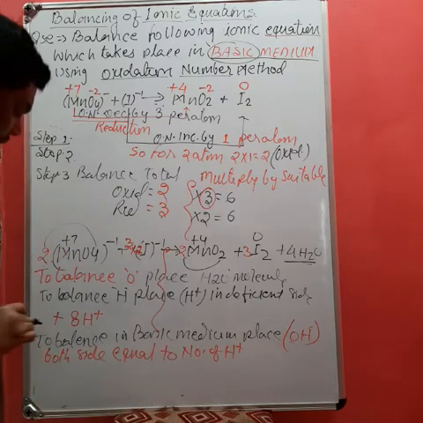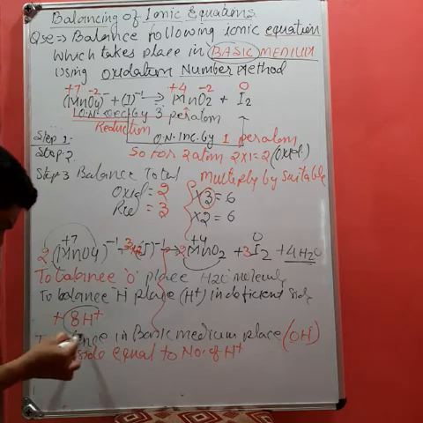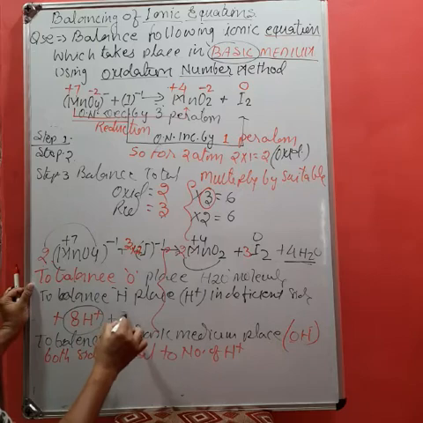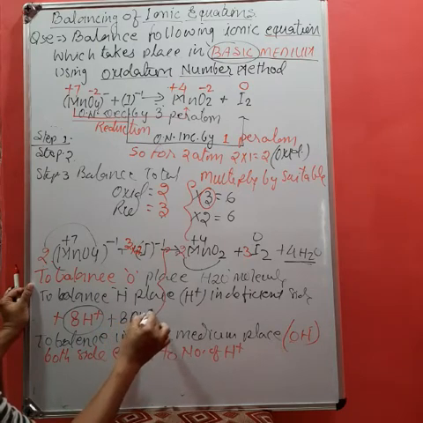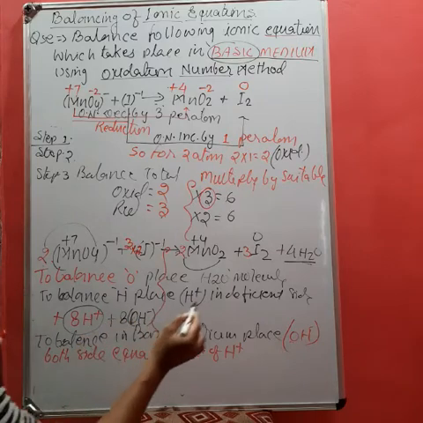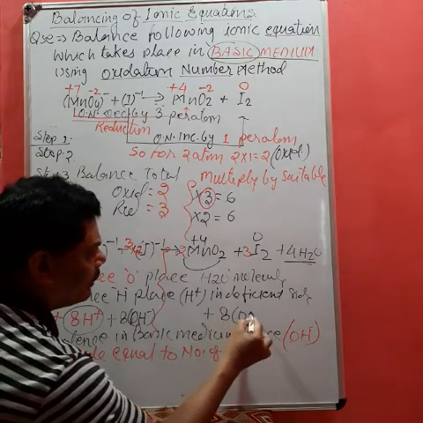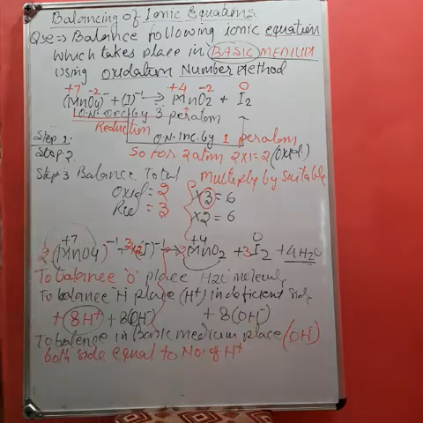Student, how many H cations are there? 8 H cations are there. Therefore you have to place 8 OH anions, and similarly we have to add again here 8 OH anions on the product side.